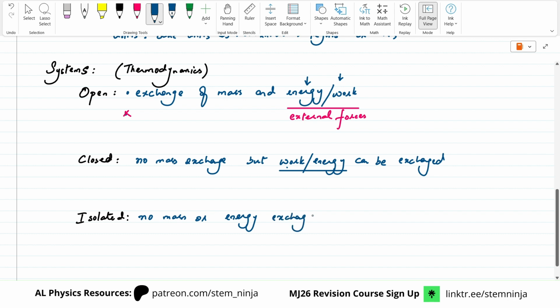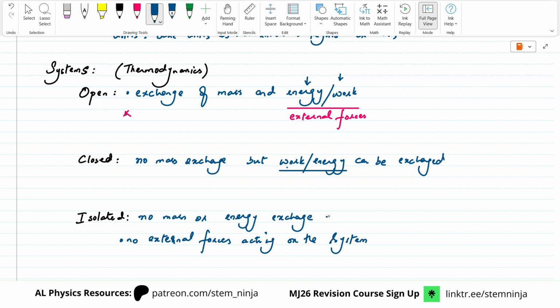So if we want the system of bodies to be isolated, then that means we are not considering any mass exchange with the surrounding environment, or any energy or work exchange. So in that case, no external forces will be acting on the system.